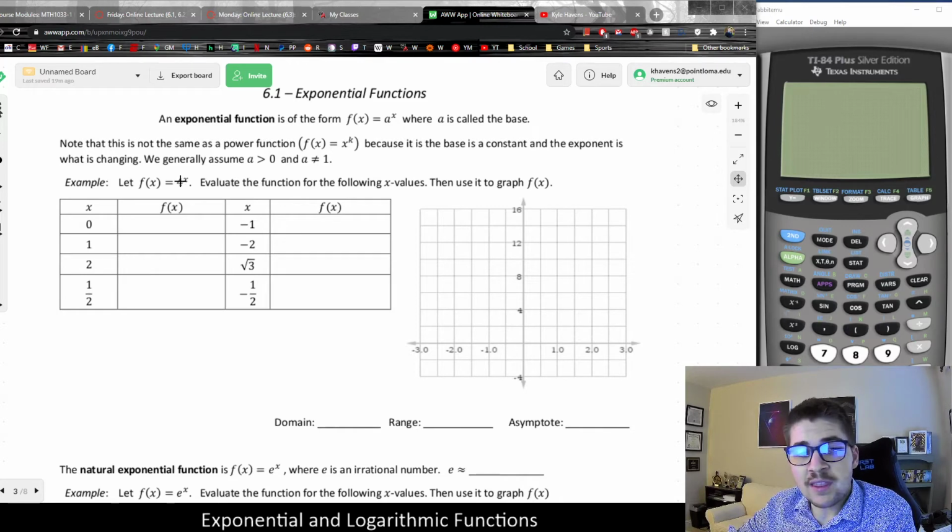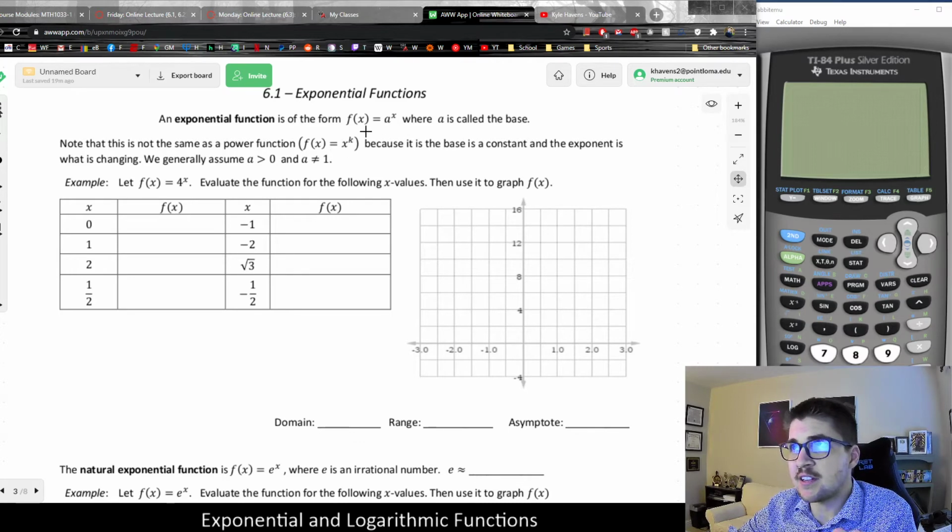And one key thing, since we've talked quite a bit about polynomial functions in the previous chapters, I wanted to emphasize what is the key difference between an exponential function and a polynomial function. A polynomial function consists of power functions such as x squared, x cubed, basically where x is raised to a particular power, often written as x to the k, where k is a constant.